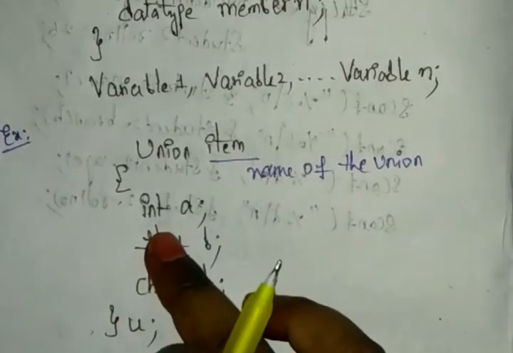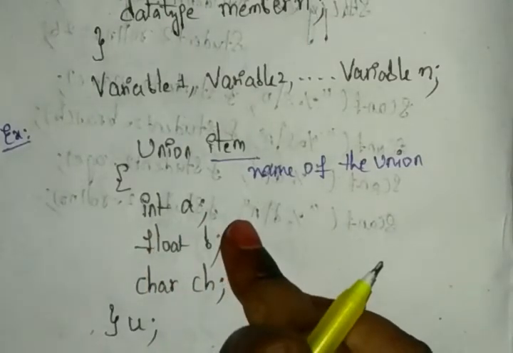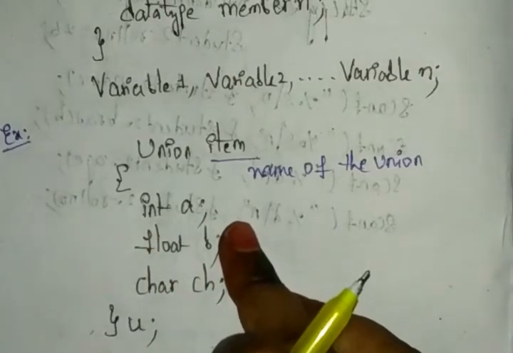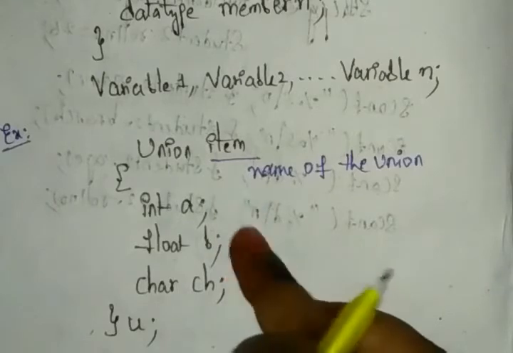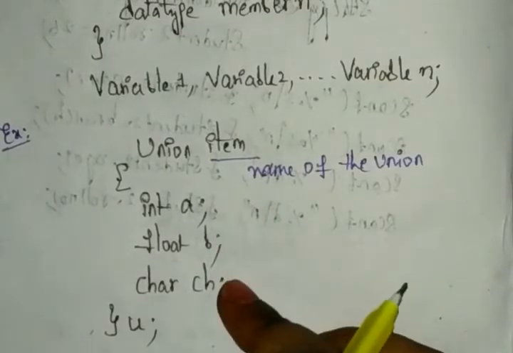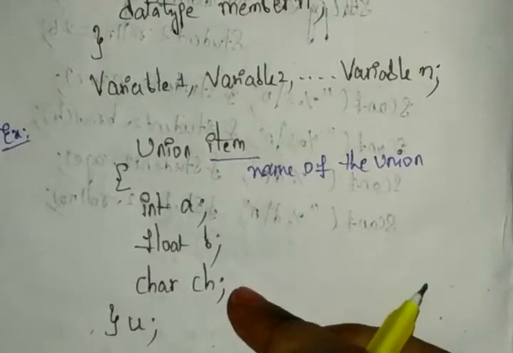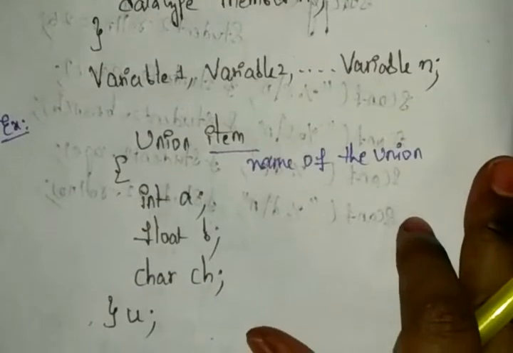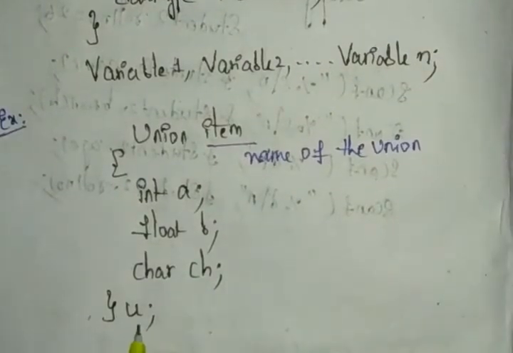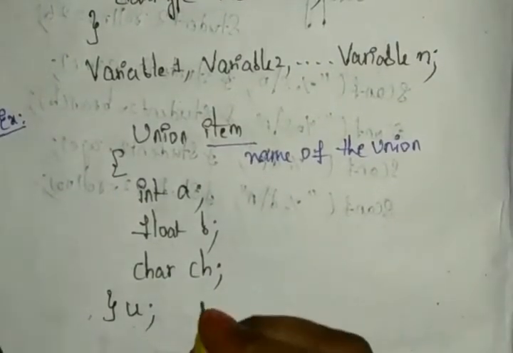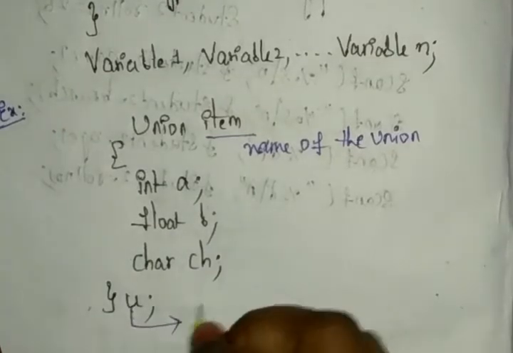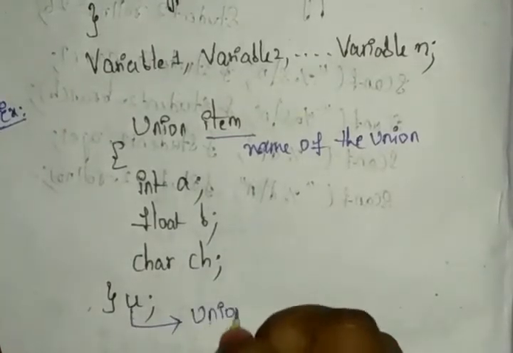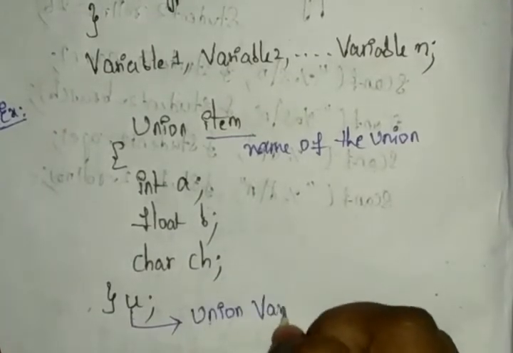And here we declared our members like a, b, ch. These three are the members of the union, and int, float, char are the data types. And here we have u, right? So this is the union variable. At last, we wrote just one thing, that is how we can declare a union variable.